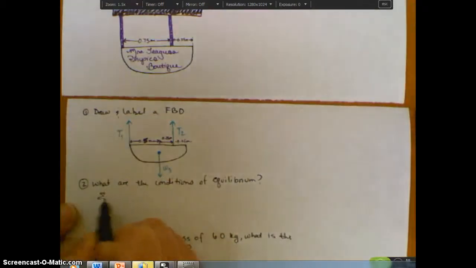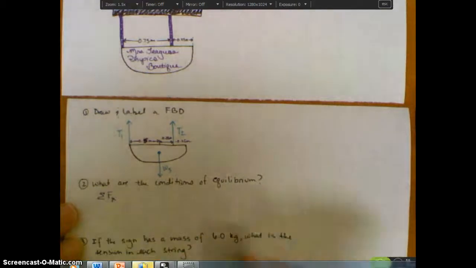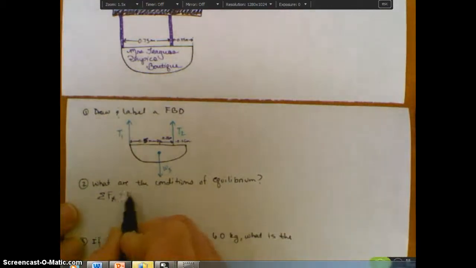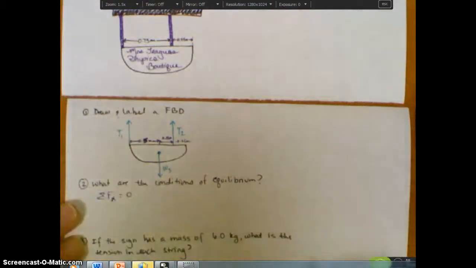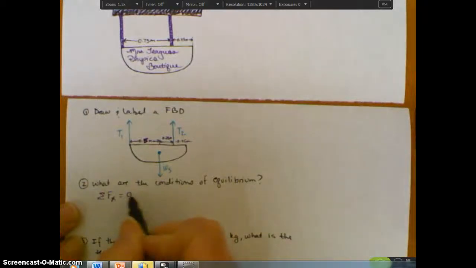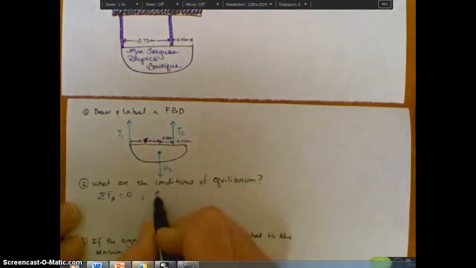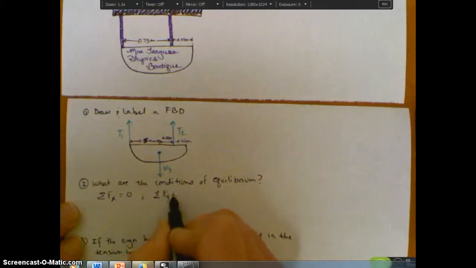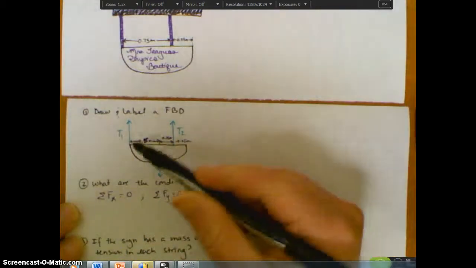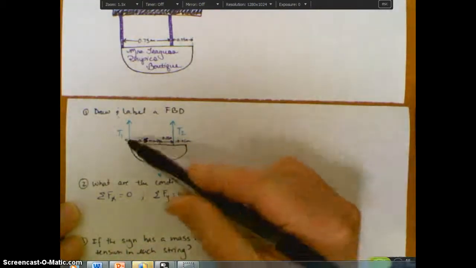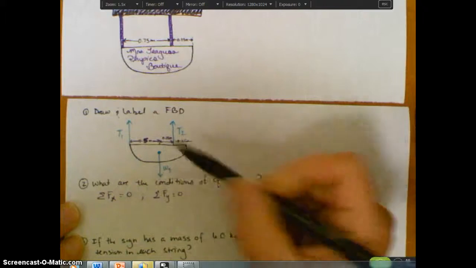There are actually no forces in the x direction, so we don't have to worry about any forces there. Now the forces in the y direction also equal 0, but we have 3 of them acting: T1, T2, and the weight of the sign.